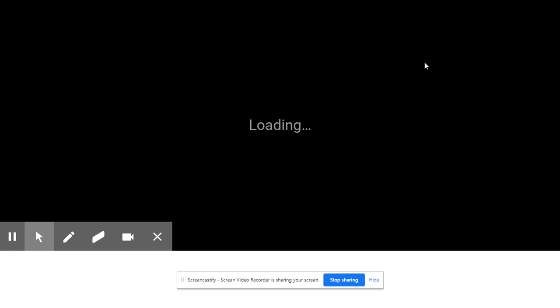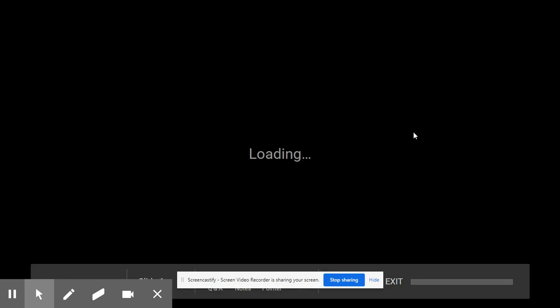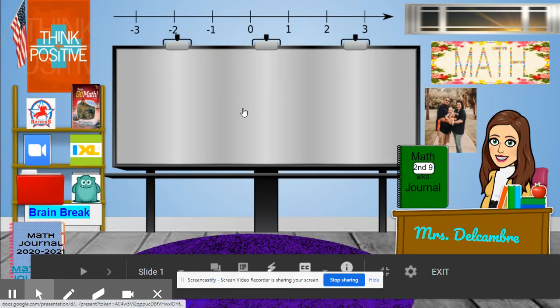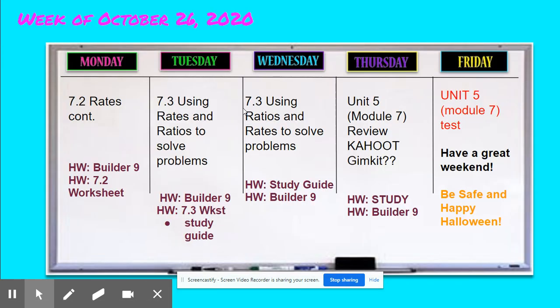When you go to my Bitmoji Classroom, once it loads, it's still loading. If you click on the screen, it should take you directly, looky there, to the week. So we have our rates today that we're going to continue, and then using our rates and ratios to solve problems. That's going to be a 2-day activity.